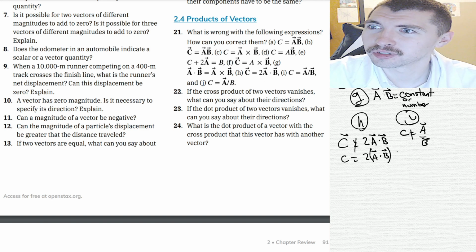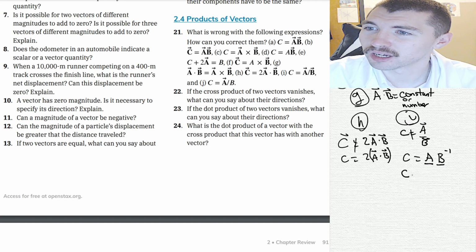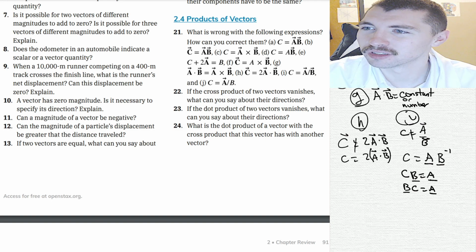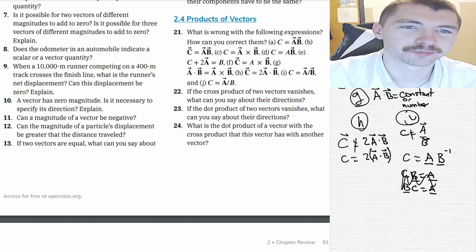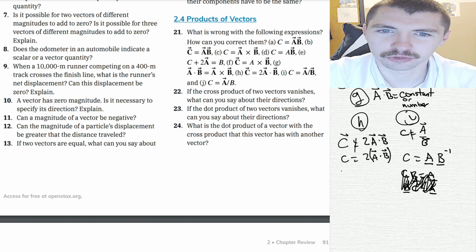I know in linear algebra you could do something like a matrix times the inverse of a matrix, and that might be equal to this. And the order matters, so don't take me at my word, but it might be this instead. But that's a little more abstract, straight into linear algebra.